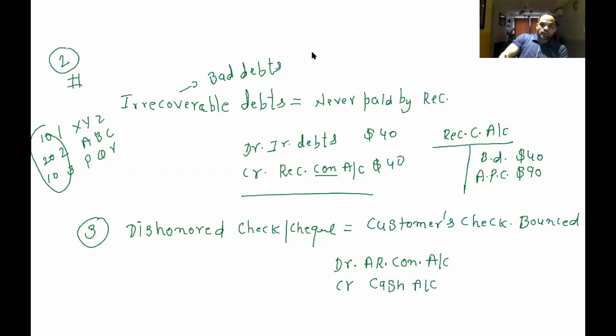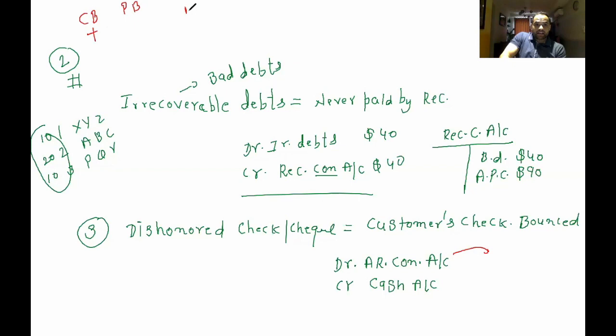Now the question is, why is accounts receivable debited? The reason is that our accounts receivable was not reduced. Why? Because of the cash book and passbook. We receive a check. We receive a check means we receive money. We receive cash.